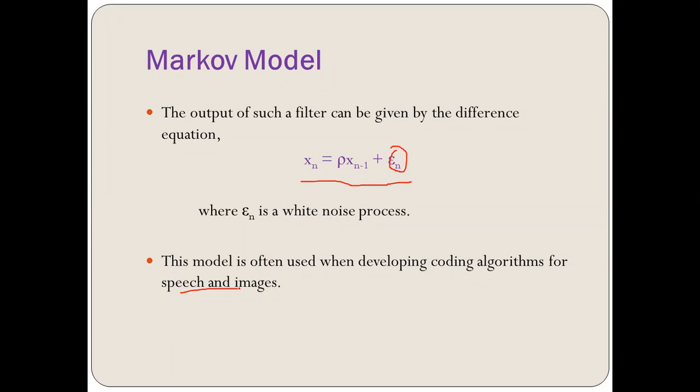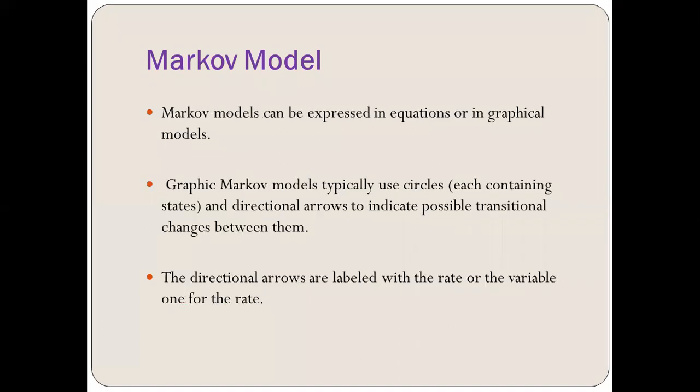Now, let's make it clearer with the help of an example. Then you will get to know everything regarding this discrete Markov model. When we define the Markov model, it can be expressed in two ways: in an equation or in a graphical model.